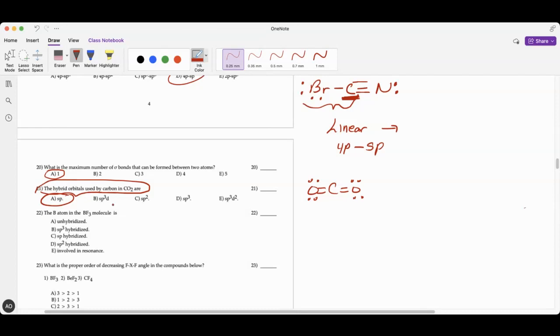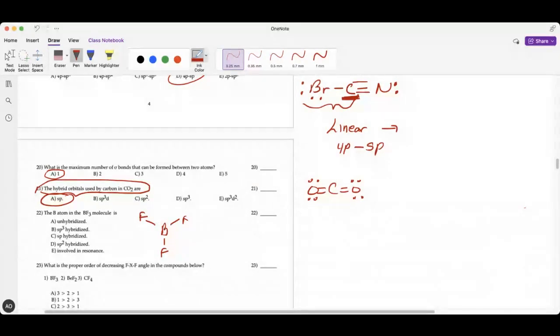The boron atom in the BF3 molecule is, again, you've got to draw your Lewis structures. I'm not going to draw the electrons around the fluorine.